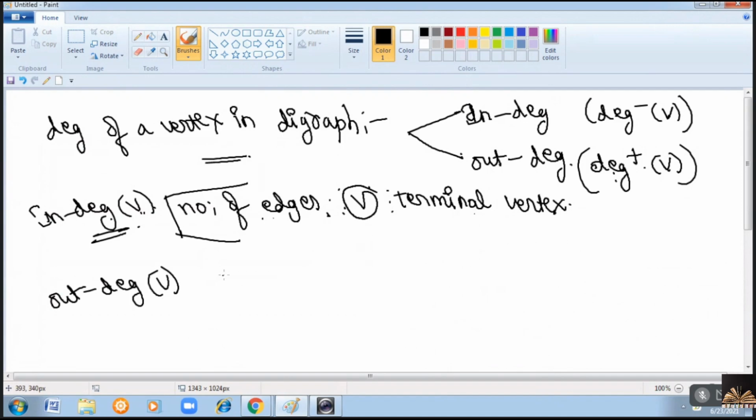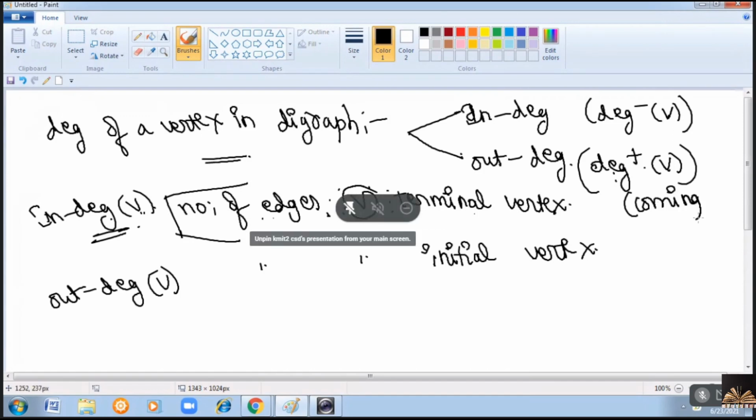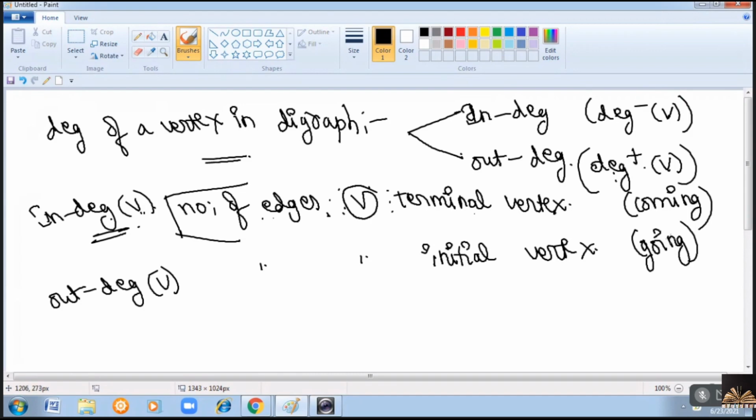Out degree of a vertex is the number of edges with V as initial vertex. Simply, you just remember: in means coming, out means going. How many edges are coming towards the vertex, that represents the in degree.